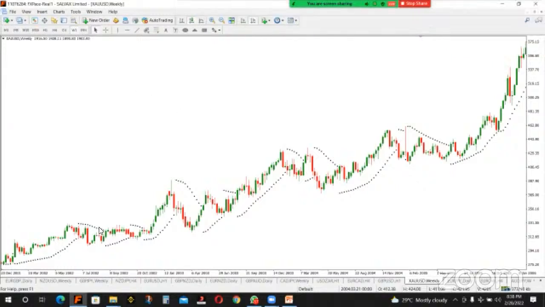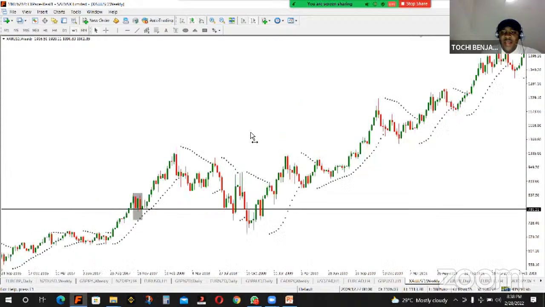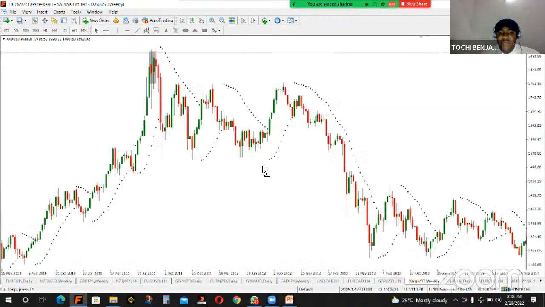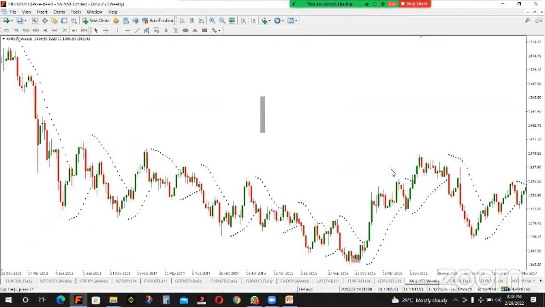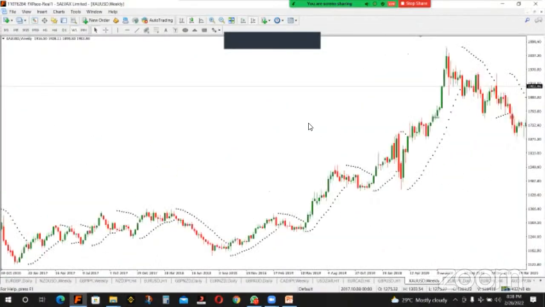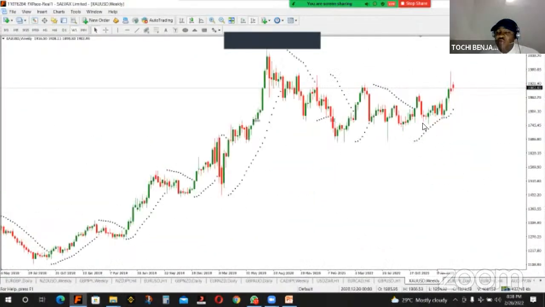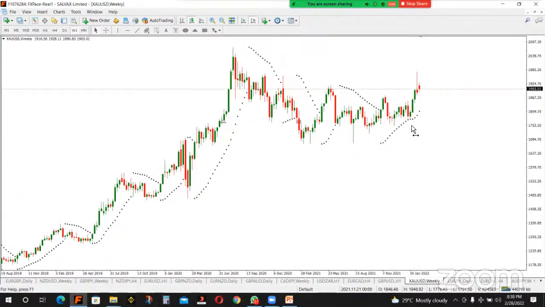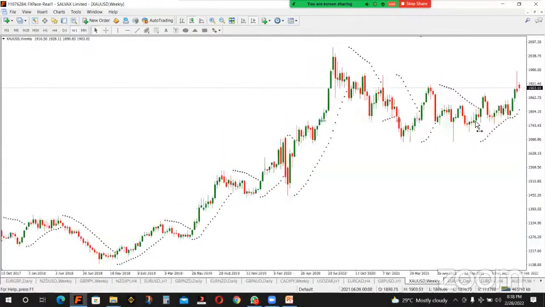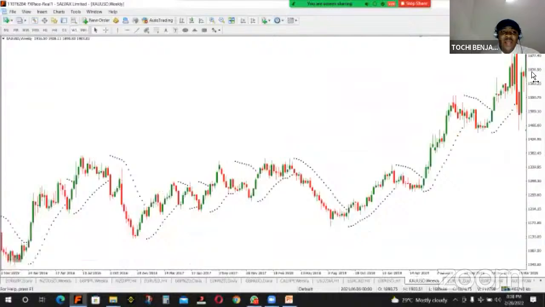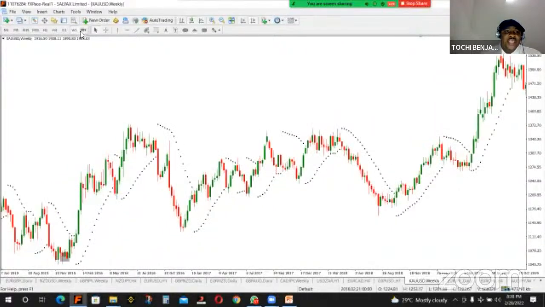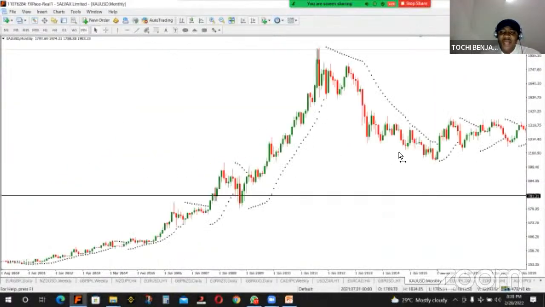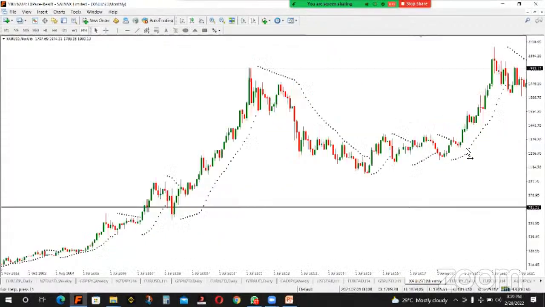That is where this chart came from. Please, if you cannot hear me, just give me feedback so that I will not be talking to myself. So this chart is from 2001 to 2022. What I have on my chart now is 22 years that this chart has moved.